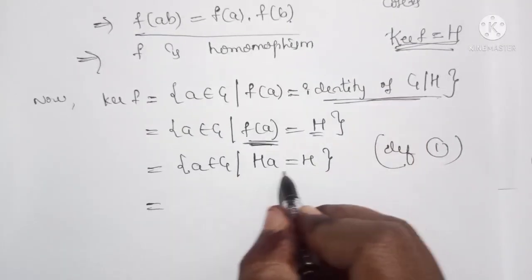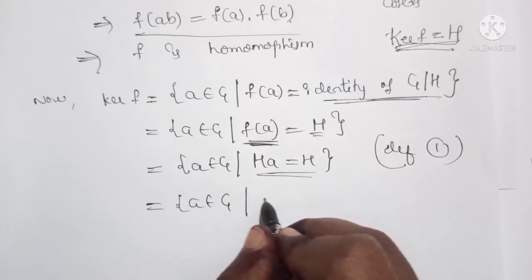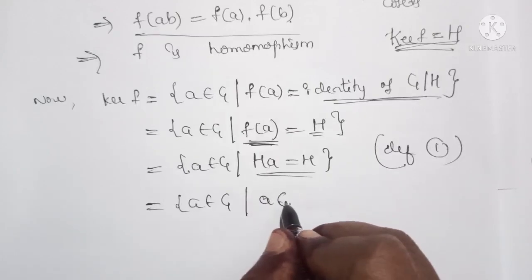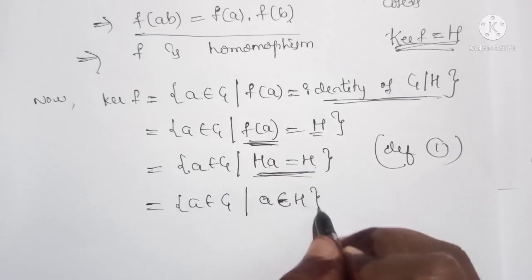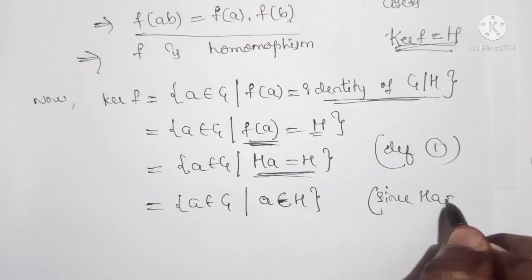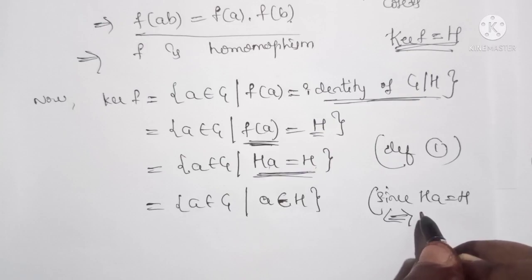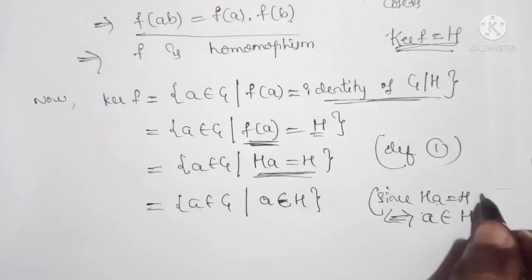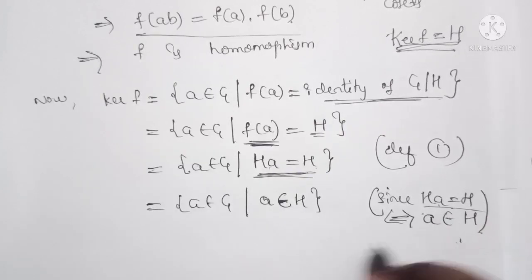So when we have Ha equals H, then we can write from the theorem, that is, if Ha equals H, we can write a belongs to H. So this is by the theorem. Since Ha equals H implies that a belongs to H, this is by the theorem, that is, properties of the cosets.